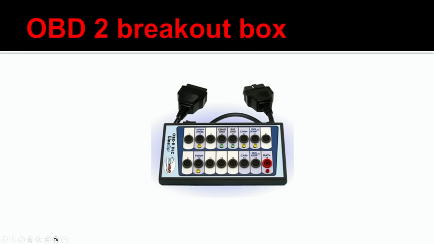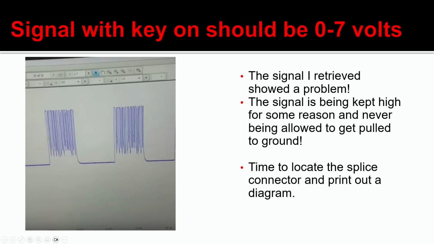Now, this particular vehicle was using J1850, which is another form of communication for those of you in the know with this stuff. With the key in the on position, as long as the network is awake, the signal should be between 0 and 7 volts. Right away I noticed that on the J1850 line, that was the waveform I was seeing. I didn't spend a whole lot of time setting up the scope.